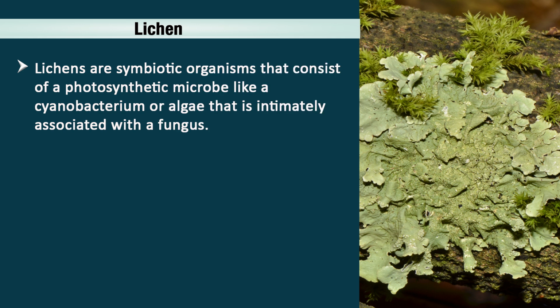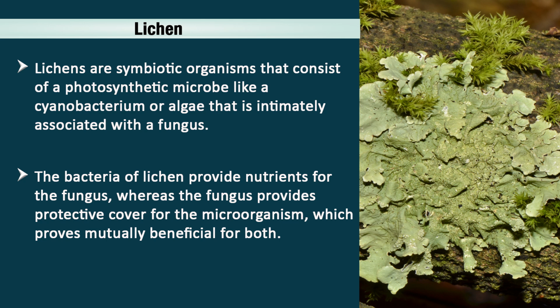Next is lichen. Lichens are symbiotic organisms that consist of a photosynthetic microbe like a cyanobacterium or algae, which is intimately associated with a fungus. The microbe of lichen provides nutrients for the fungus, whereas the fungus provides protective cover for the microorganism, which proves mutually beneficial for both.